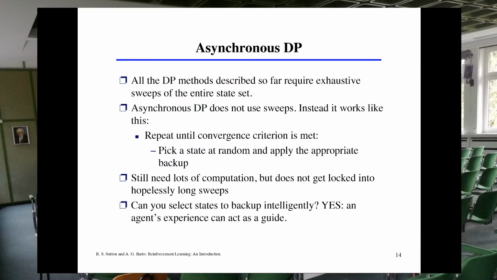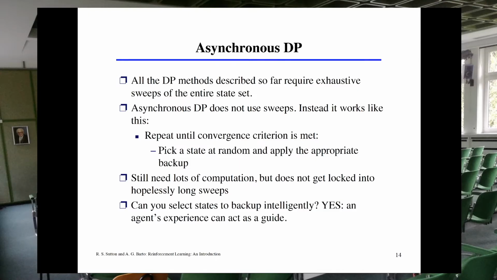The idea here is that since you are not going to apply this rule to every single state in each of the iterations, you need an intelligent way to select which states you are going to update and which are not.